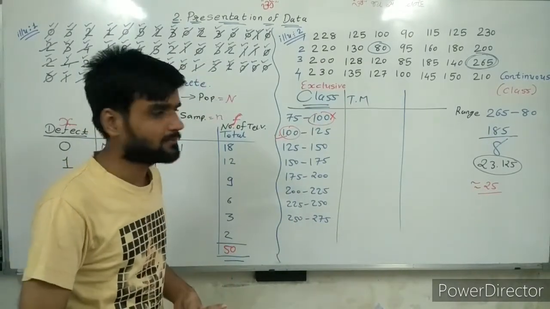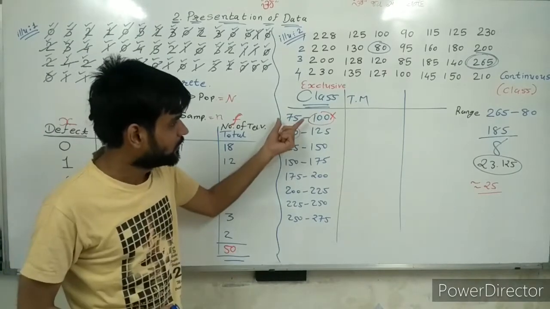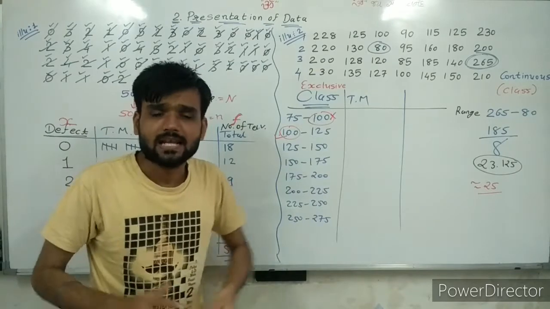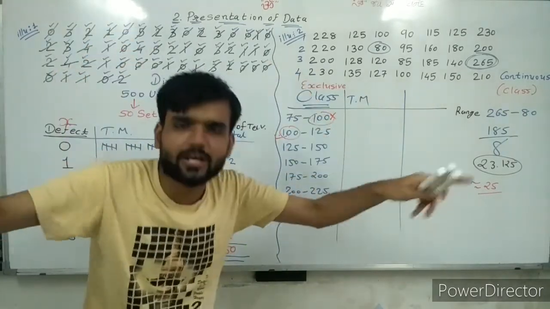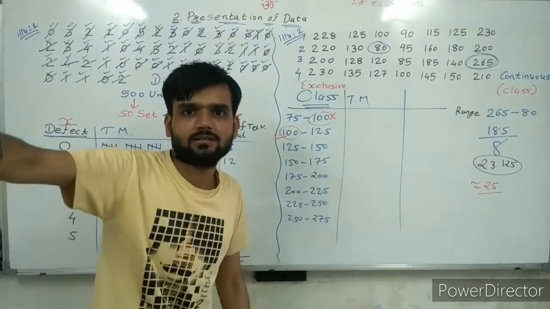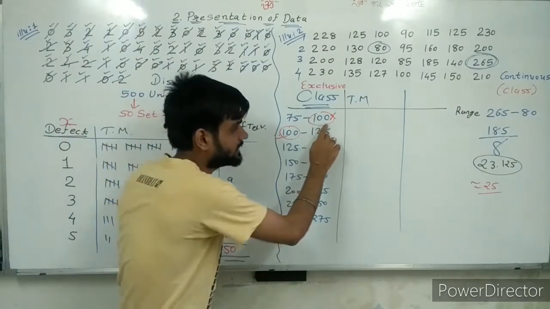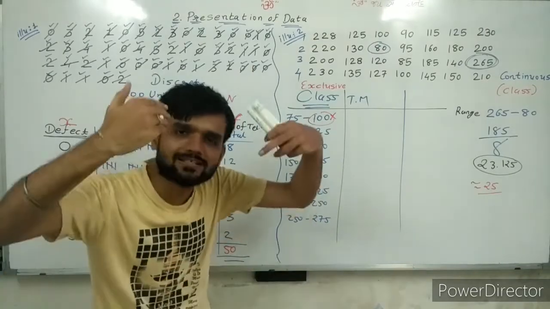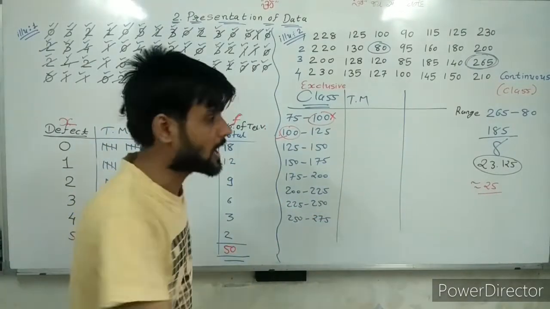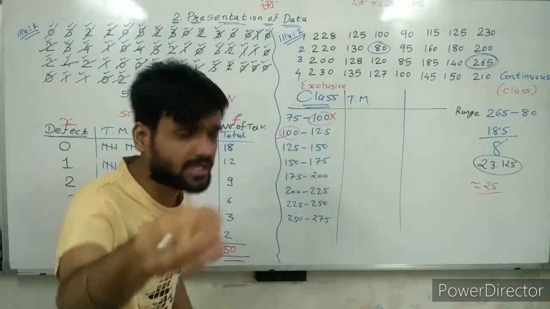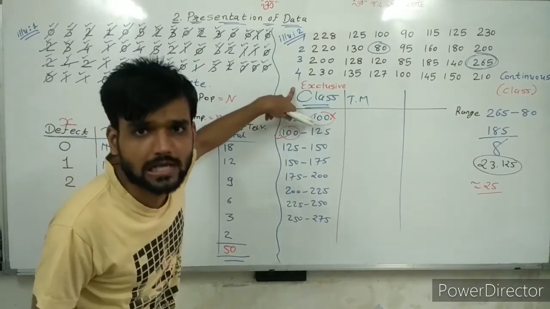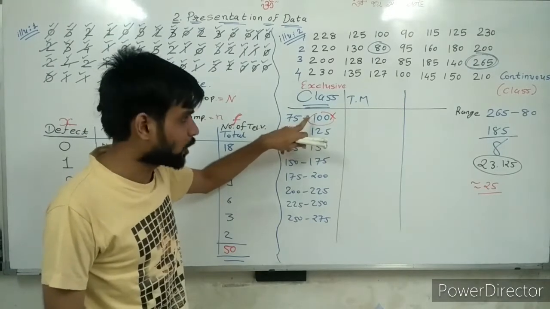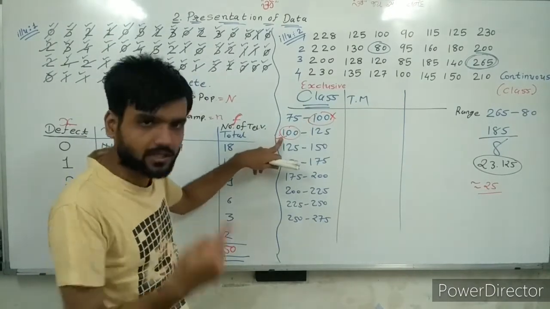Exclusive, excluded. It means 100 is not included, 125 is not included, it is excluded, and that's why this is called exclusive class distribution. So if 100 is there, we are not taking 100 here, 100 is taken in the next class.